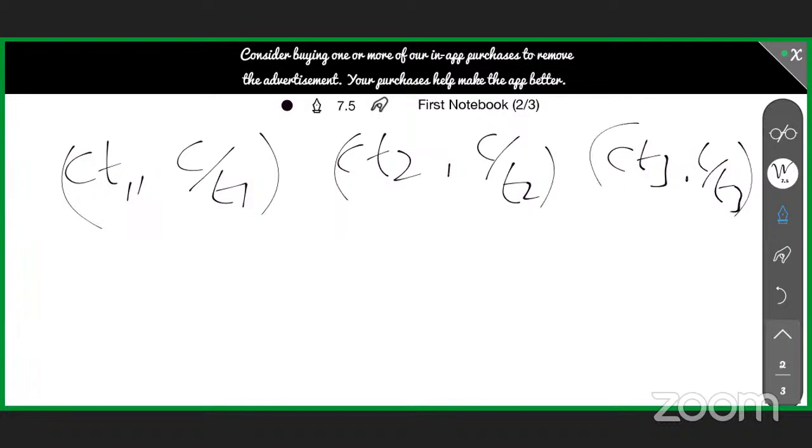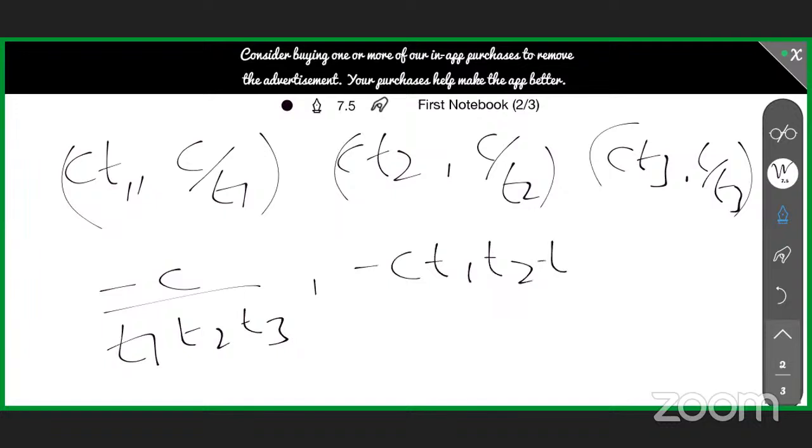If ct1, c by t1, ct2, c by t2, ct3, c by t3 are the points, then the orthocenter of the triangle they make is given by minus c by t1 into t2 into t3, comma, minus c into t1, t2, t3.